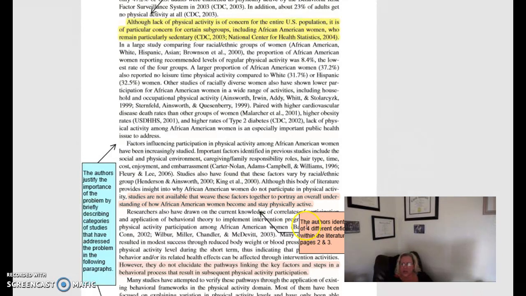And here it says the authors identify a total of 4 deficiencies within the literature on pages 2 and 3. Here it says studies are not available that weave these factors together to portray an overall understanding of how African American women become and stay physically active.